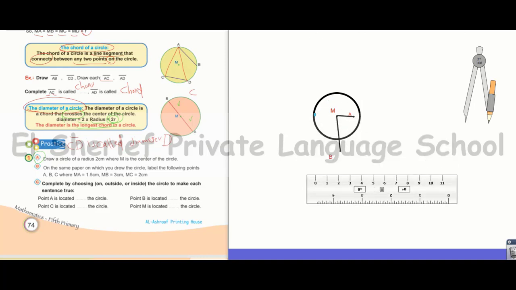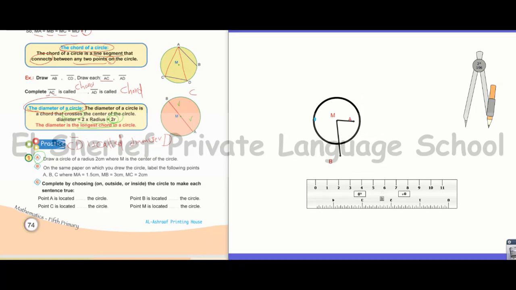Then we join MC, this point C. So if the line segment is less than the radius, that means the point is inside the circle.